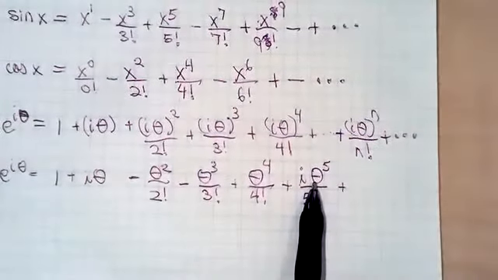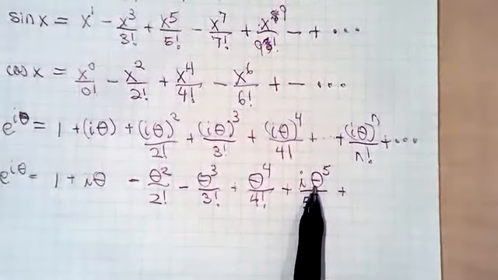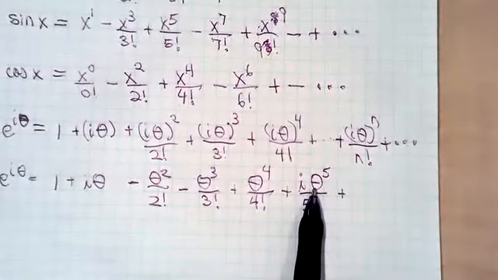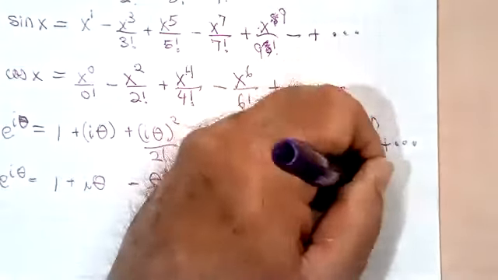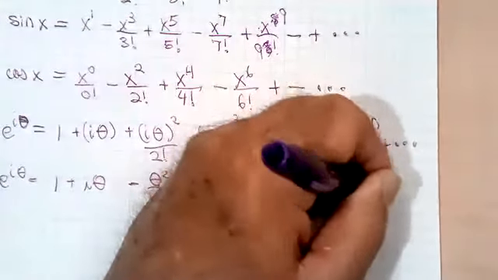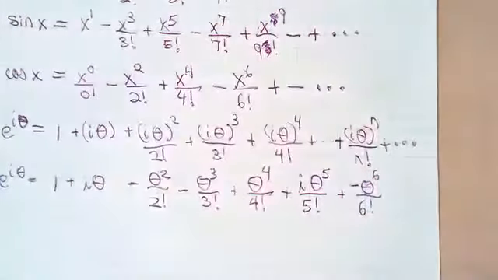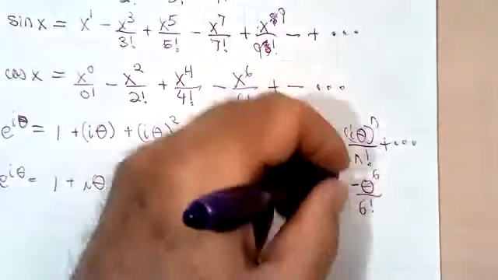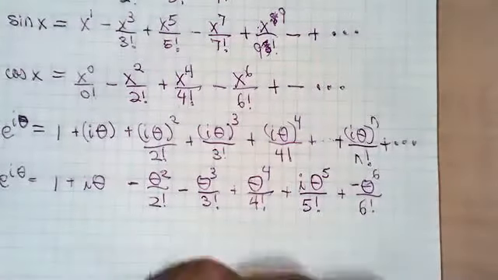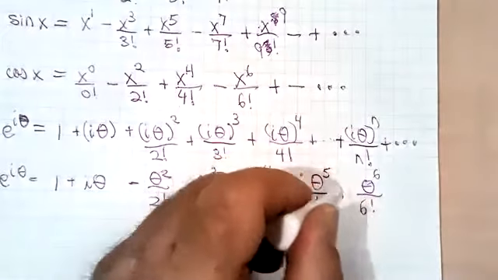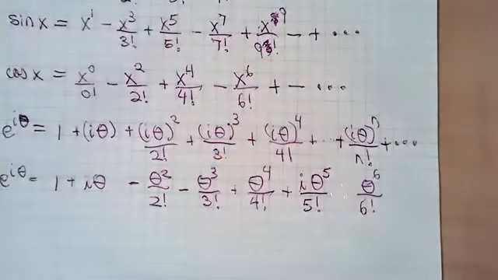I'll have i to the 6th power. i to the 4th is 1, and then i squared is -1.